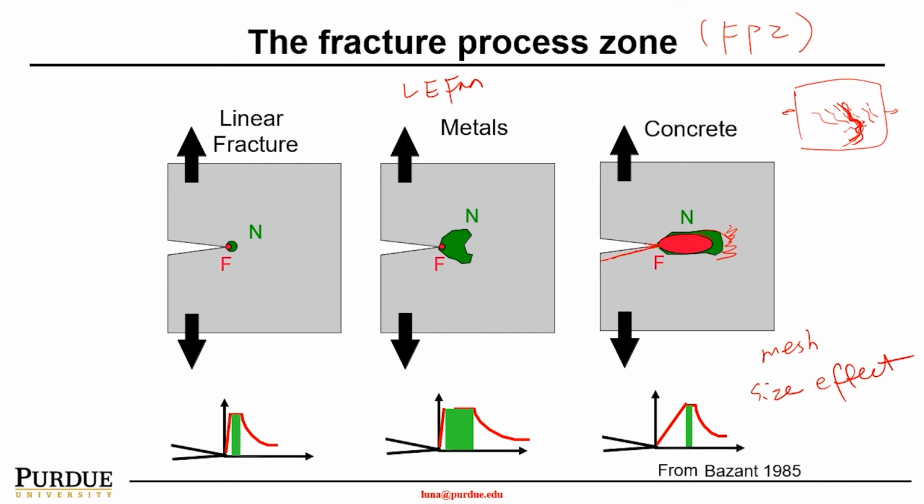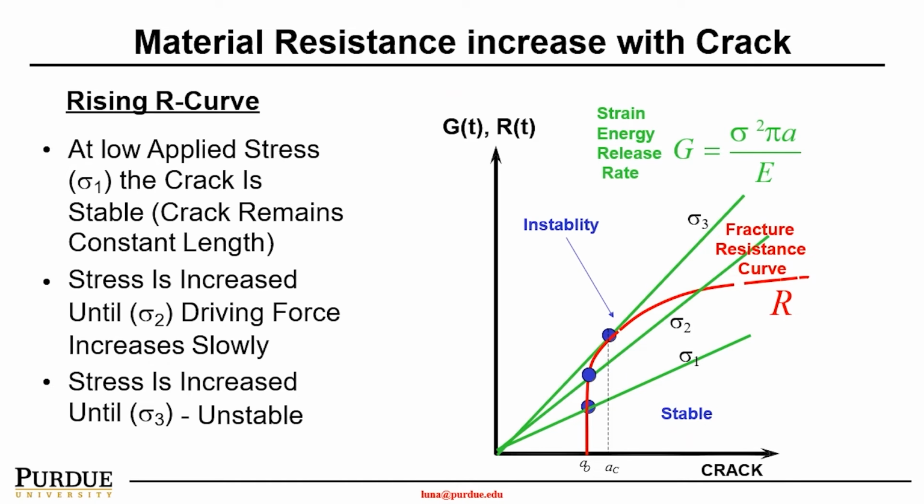Intuitively, we know even a small component size, such as aggregate size, can influence the cracking of the concrete differently because of this fracture process zone, which we will not discuss in this lecture.